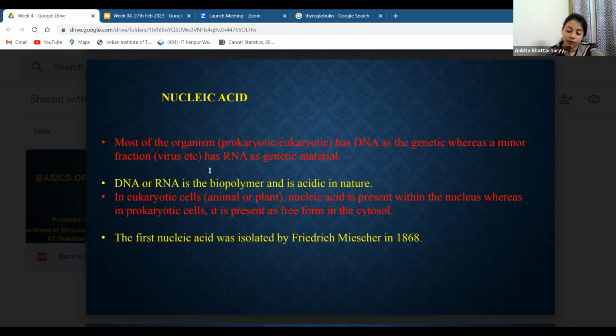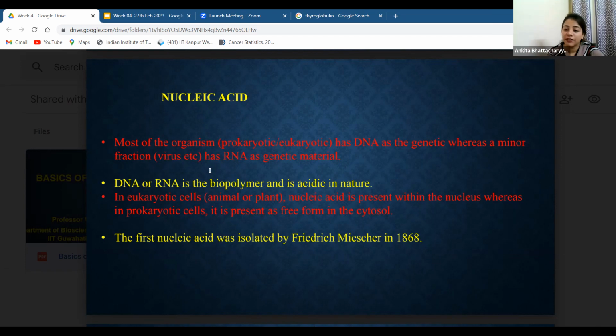These are altogether the entire genetic content of the cell, that is DNA or that might be RNA. These are biopolymers. When we say polymers, it means that it is a larger molecule that is made up of smaller entities or smaller components, right? Those smaller components are monomers, and their nature in general is acidic. We'll understand why it is acidic.